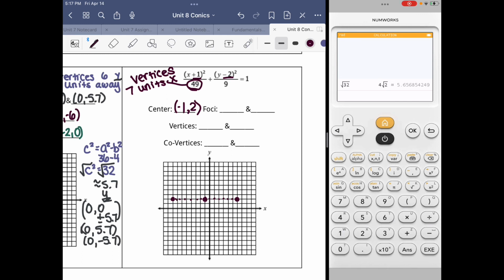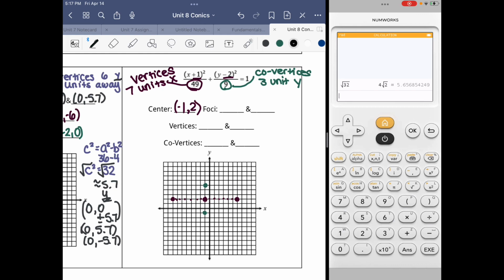Then I'm going to do kind of the same thing for y, except it has a 9 underneath. So my co-vertices are going to be square root of 9, which is 3 units away along the y-axis, because that one's underneath the y. So 3 and 3.